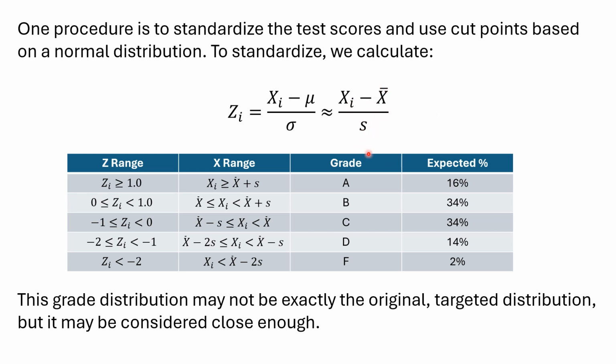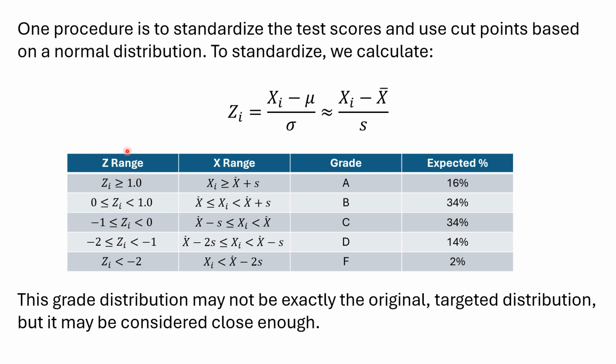Right, so you get these exam scores, and for example, we could say that if the standard score is 1 or more, then the student earns an A. What does that mean? That basically means that if the student scored at least 1 standard deviation above the mean, then they get an A.